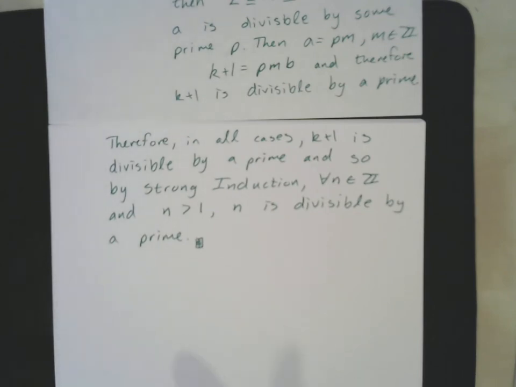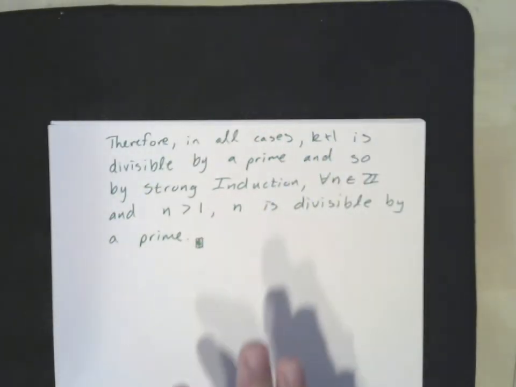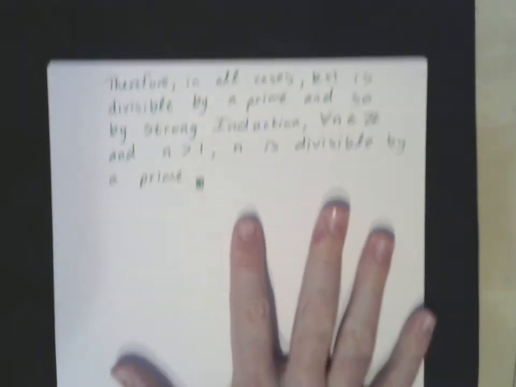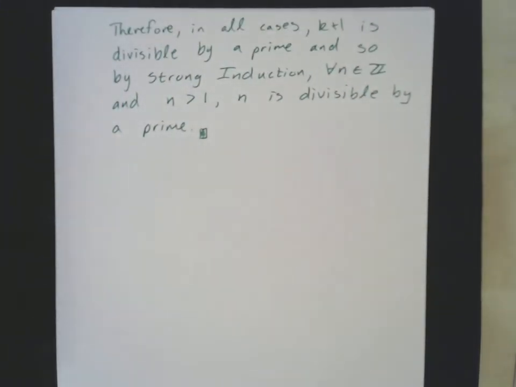So while this can be done with induction, it almost never gets done with regular induction. It either gets done with strong induction or directly, because this is just another way of saying the fundamental theorem of arithmetic, that we can factor into primes, because that's all we're saying here. So keep that in mind as you're working through these problems.